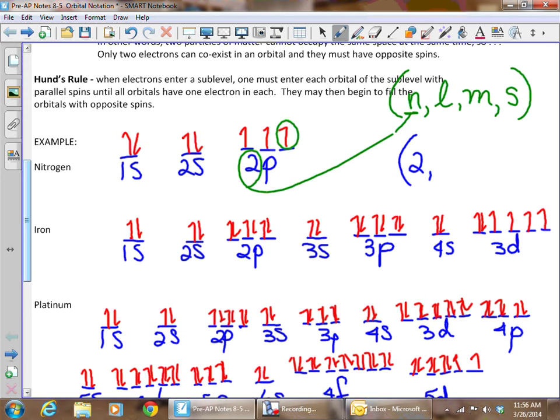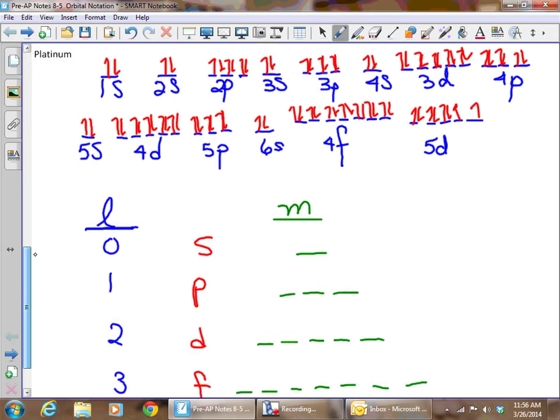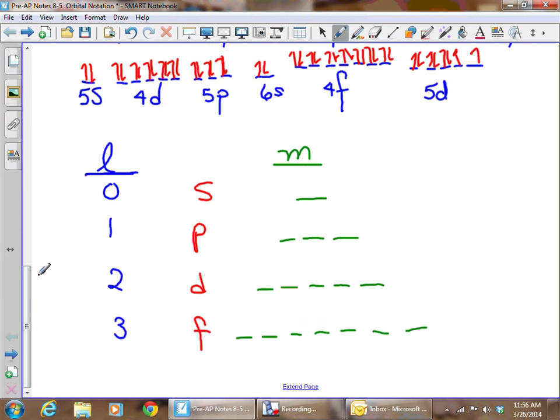The second quantum number, the subsidiary quantum number, is simply looking at what sublevel that particular electron is in. In this case, it's in a p sublevel, but we need to designate that with a number. So if you'll look down here, I've written up a little chart. You'll want to have this chart somewhere, either on the back of your notes or a separate sheet of paper.